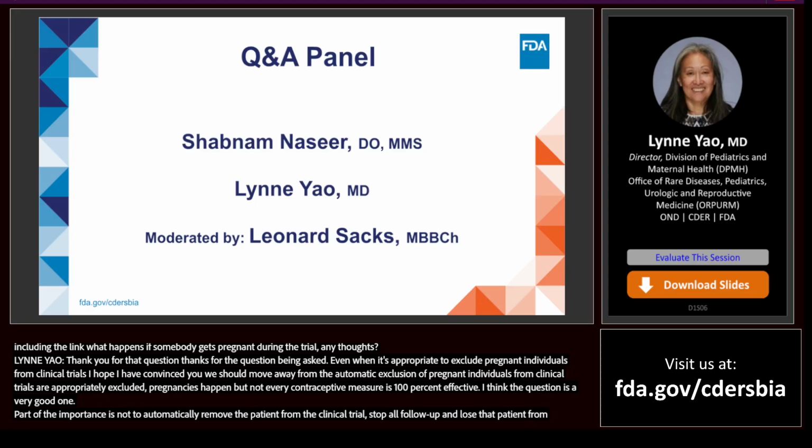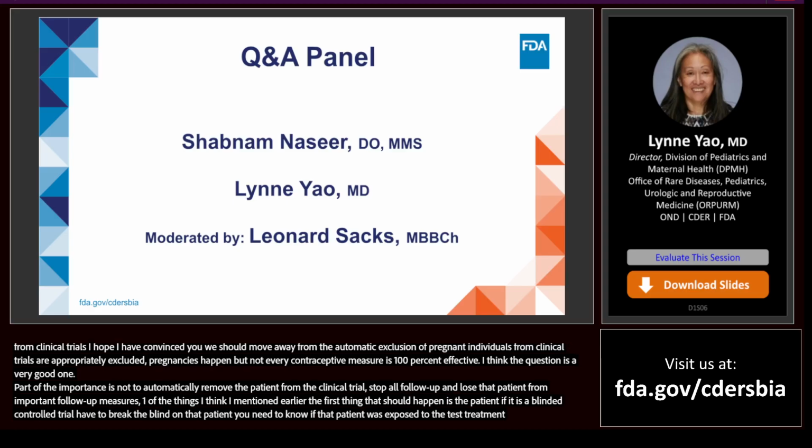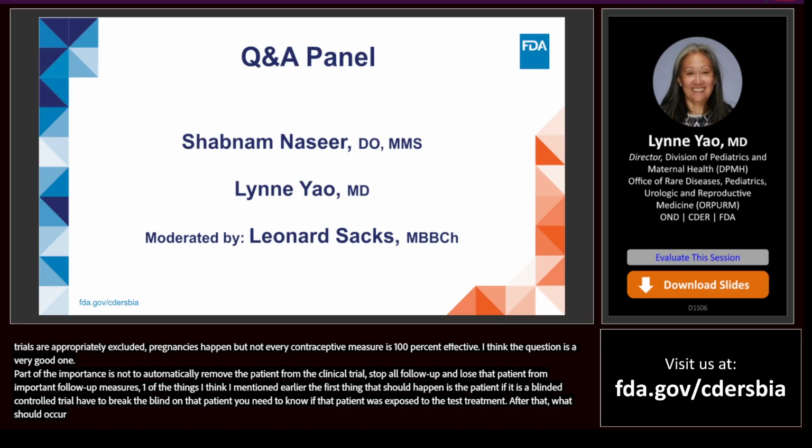So one of the things I think I mentioned earlier is the first thing that should happen is that the patient, if it's a blinded controlled trial, you have to break the blind on that patient because you need to know if that patient was exposed to the test treatment. After that, then what should occur is a question about what the risk benefit is to continuing that patient in the study, even if they are pregnant, and to reconsent them in that process.